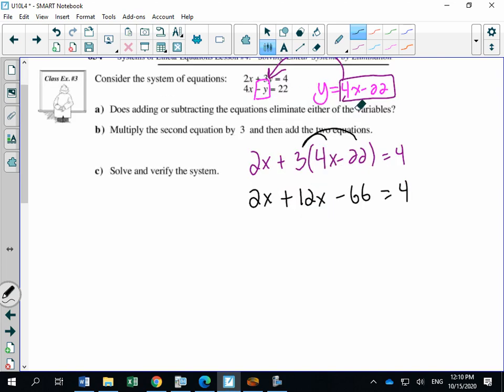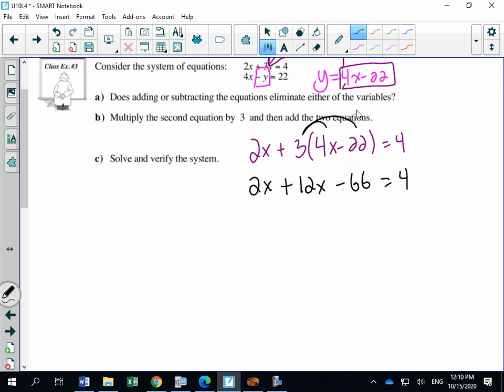How many x's would I have when I combine? I'd have 14 x's minus 66 is equal to 4. Add 66 to both sides. 14 x's is equal to what, you guys? 70.